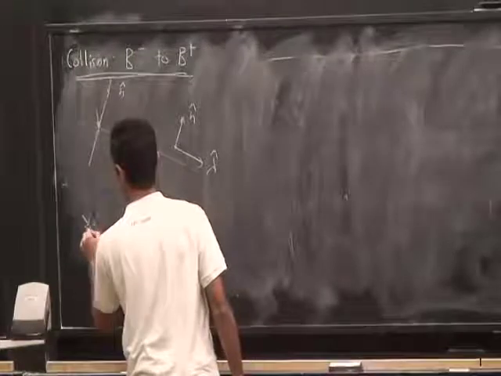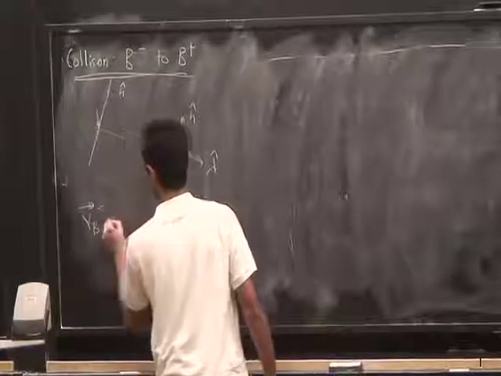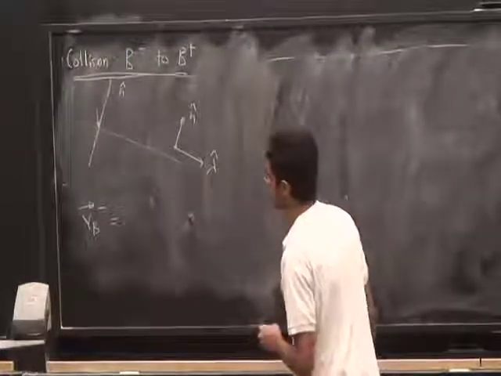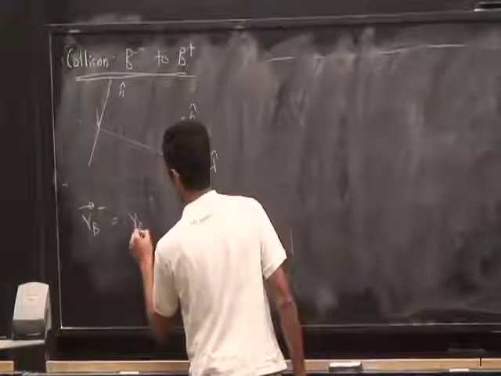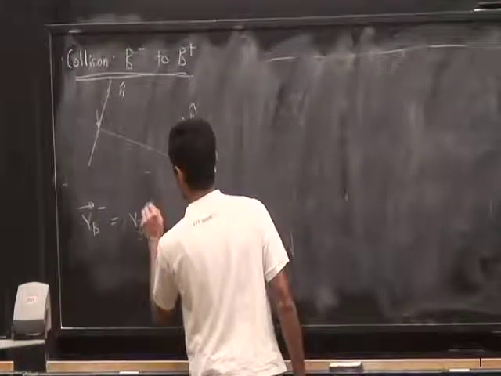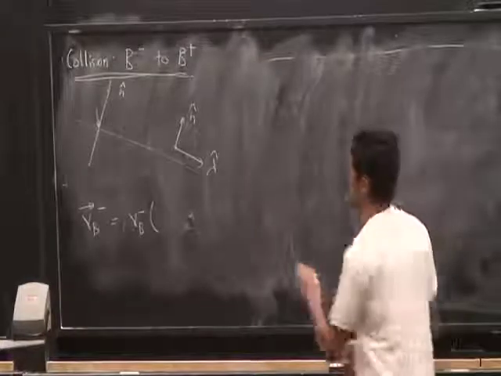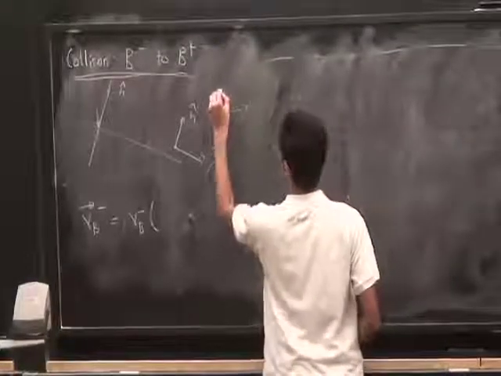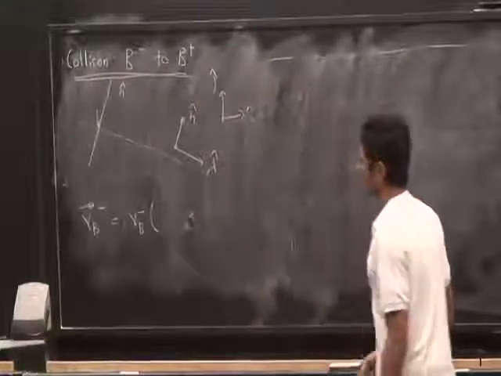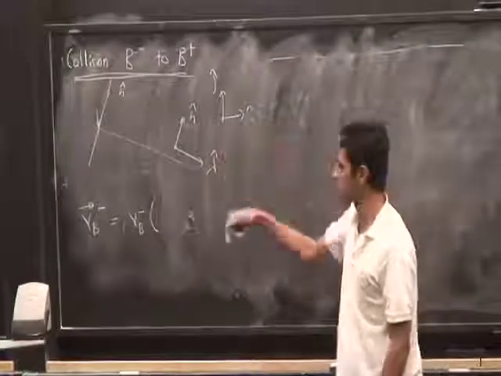So vB minus is the magnitude of vB times, now this is in the, let's call this i and j. Now this is actually in the minus j direction.